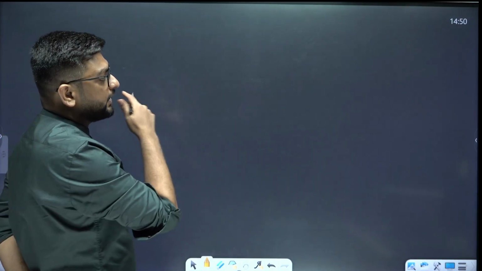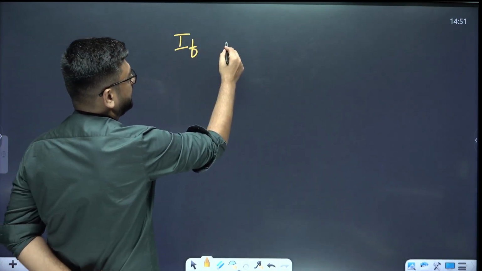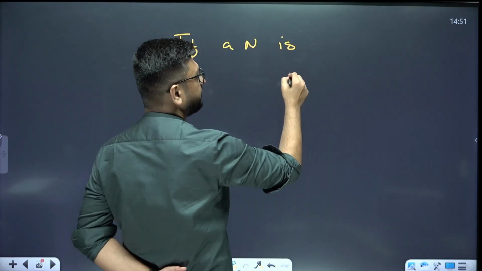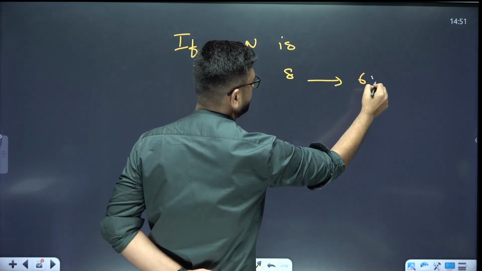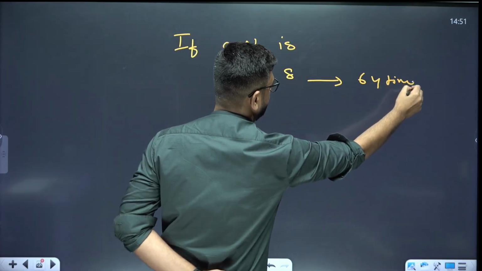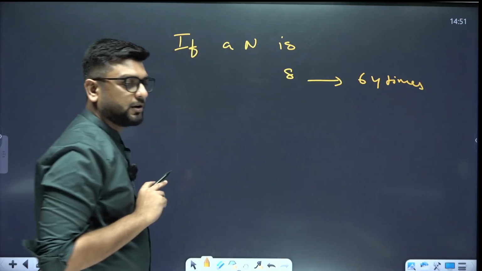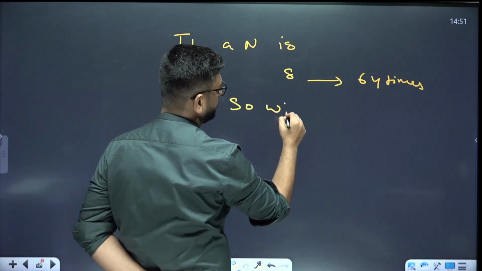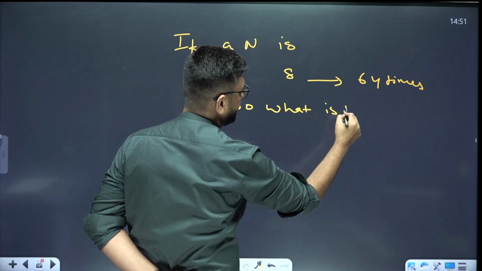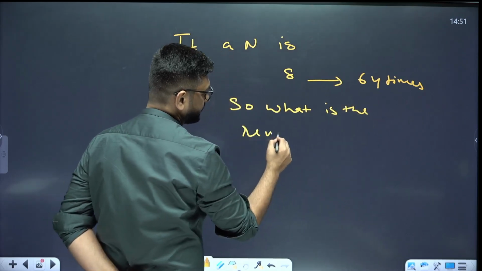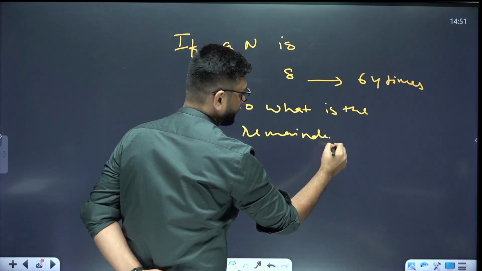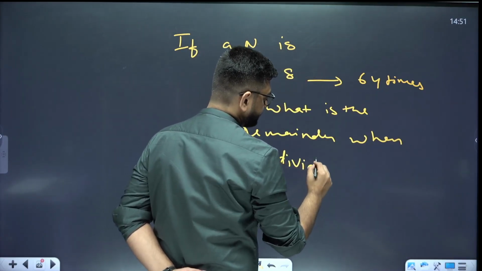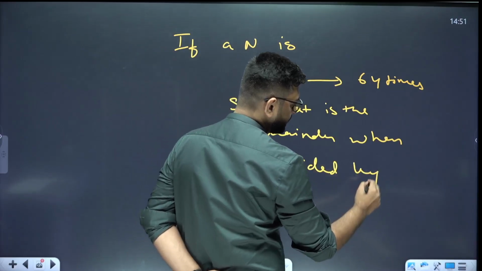Now the next part is, if a number is written in the form of 8, how many times? 64 times. So what is the remainder when divided by 13?